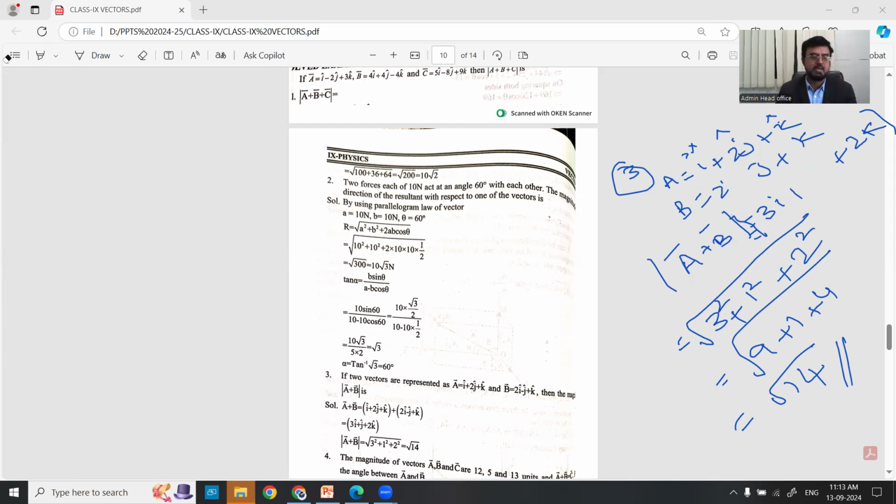Just let me correct it. So 2i minus j here. So 3i plus j plus 2k. So mod, you want 3 square, 1j is 1 square, 2k is 2 square. So you get the answer, root 14.